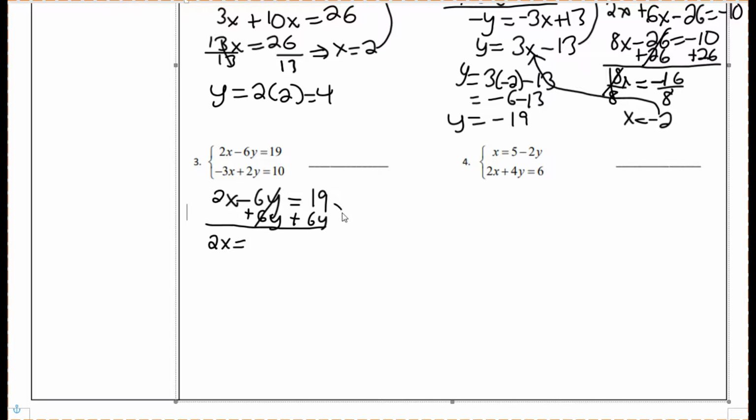These are not like terms, so you want to separate them with a plus or minus sign. So this would be 6y, and this is a positive 19. So now we need to get rid of the 2, so we're going to divide by 2 on both sides. So we're going to divide every single term by 2. So we have x equals 3y plus 19 over 2.